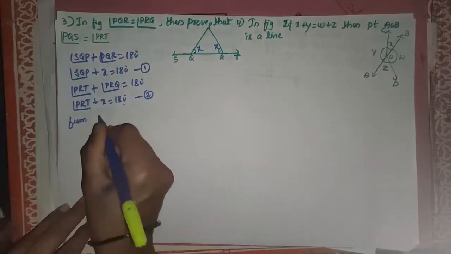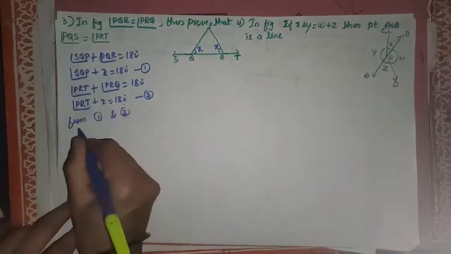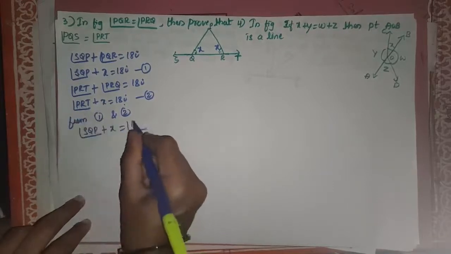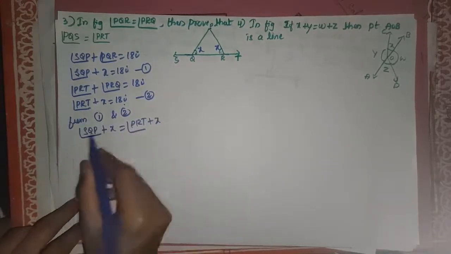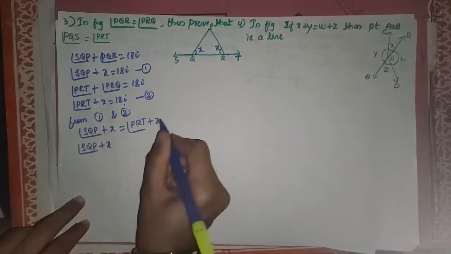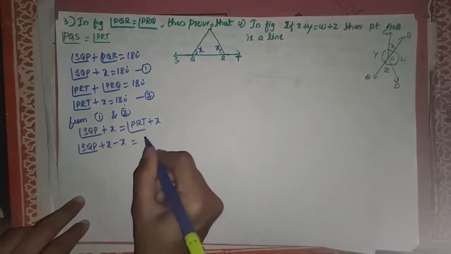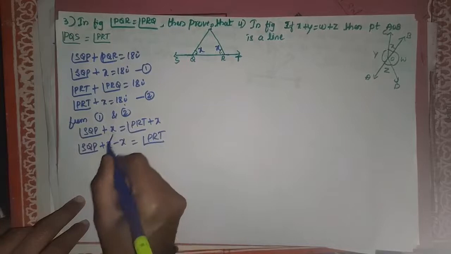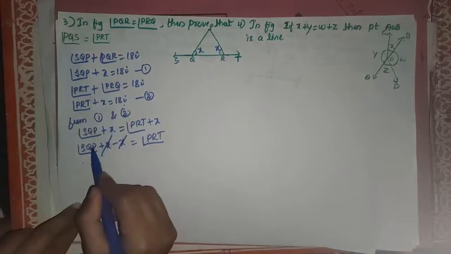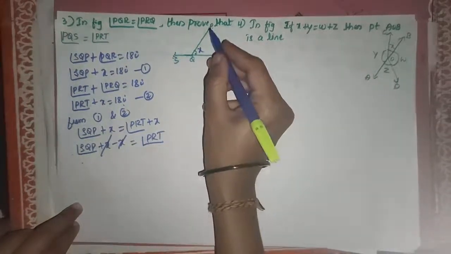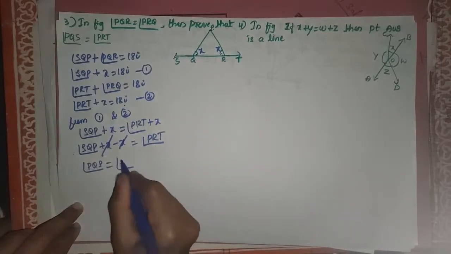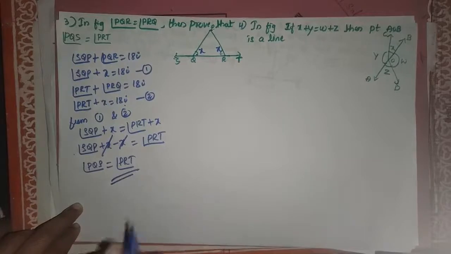From 1 and 2 we have SQP plus X equals PRT plus X. Now taking X across, it becomes minus X, and the X becomes 0. So SQP can be written as PQS. I write this as PQS equals PRT. Hence the proof.